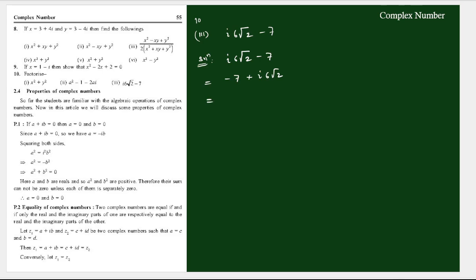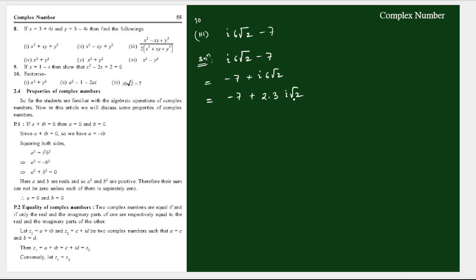Okay, after this I6 root 2. 6 can be written as 2 into 3. ये कुछ a plus b a minus b में घुसा हुआ है शायद. Let's try to find out. Okay, let's say 2 into 3 I root 2.